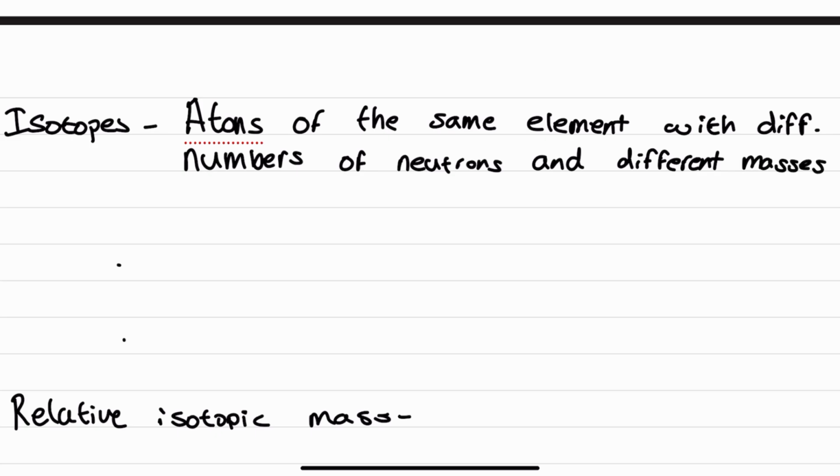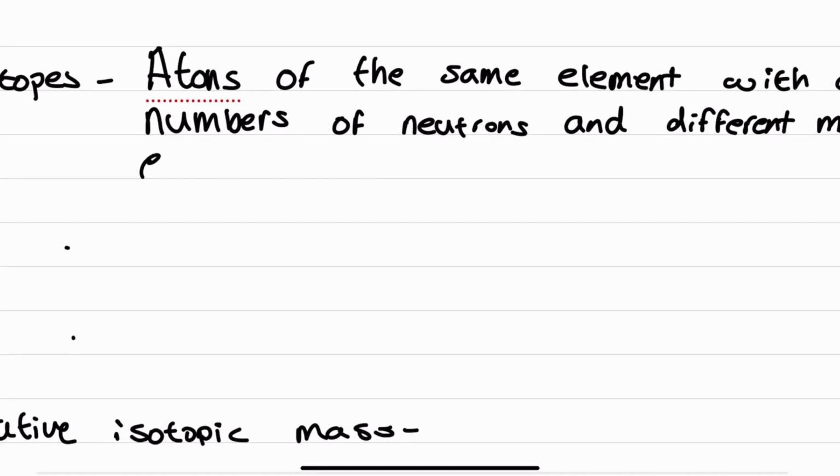Now, the definition is isotopes are atoms of the same element but with a different number of neutrons and therefore different masses.